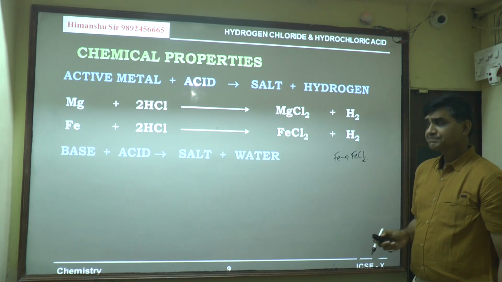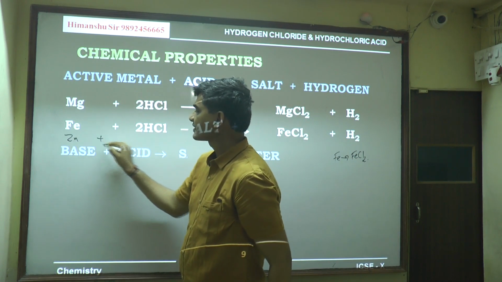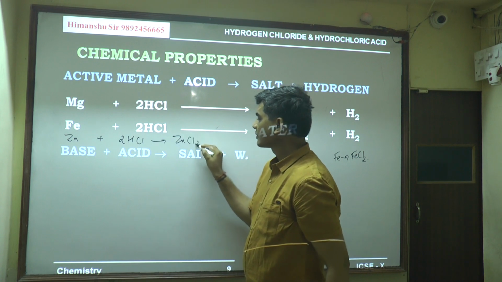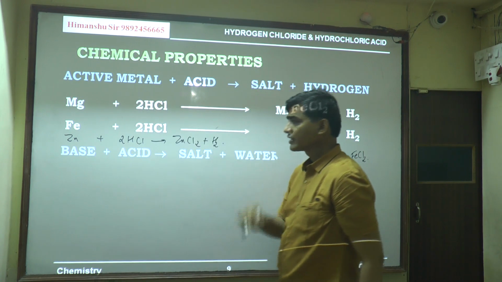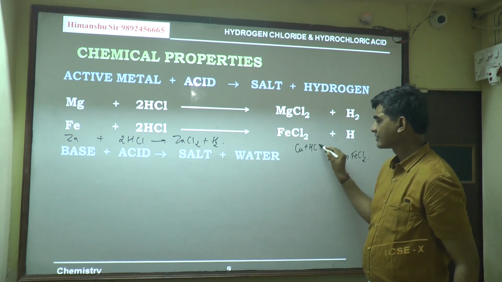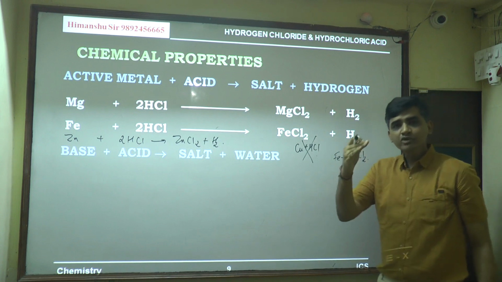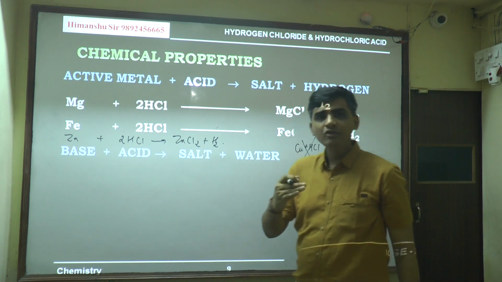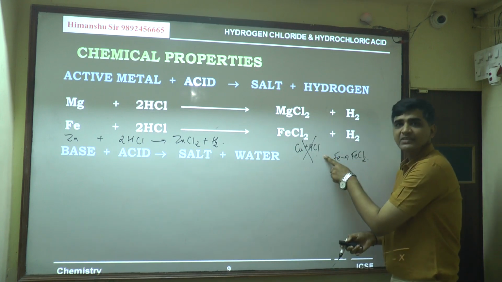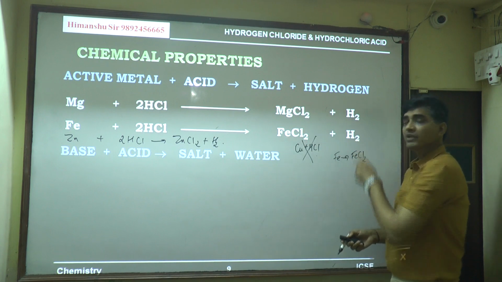In the same way, if you are asked Zn plus HCl, the same reaction will give ZnCl2 plus H2. The question to you: can copper react with HCl? Obviously no. Why? Because the position of copper is below hydrogen in the metal activity series. So copper cannot displace hydrogen from HCl, and you can't get CuCl2 plus H2.